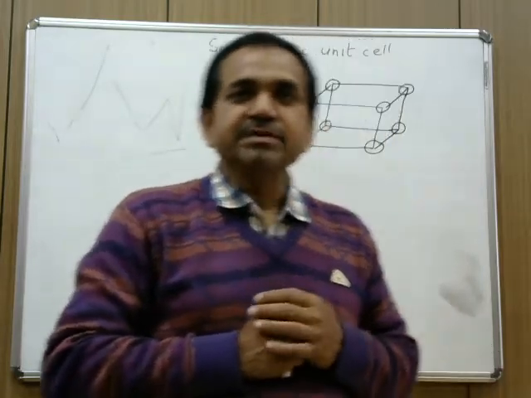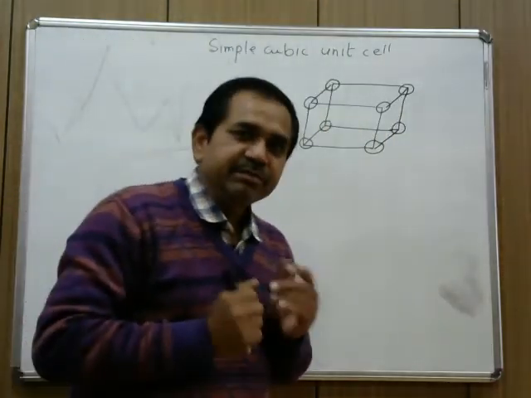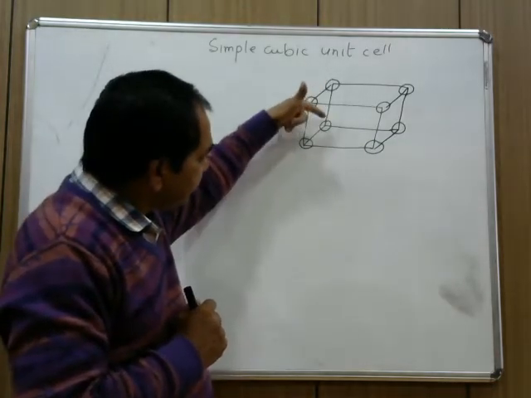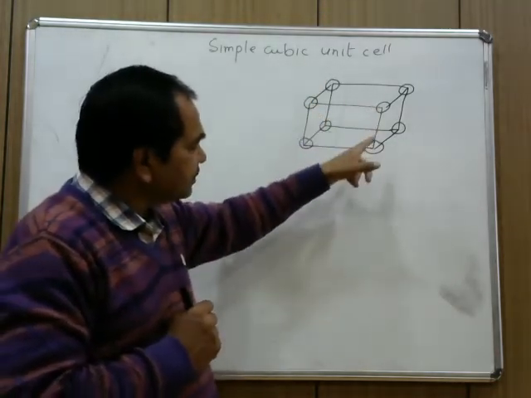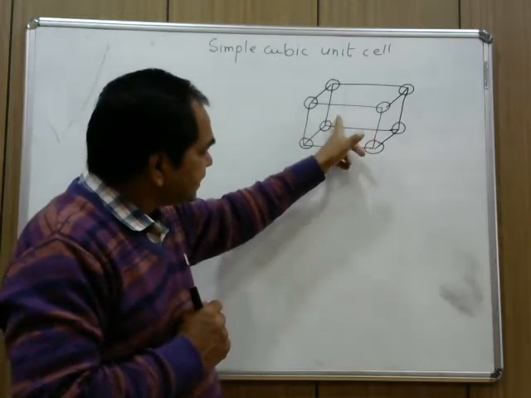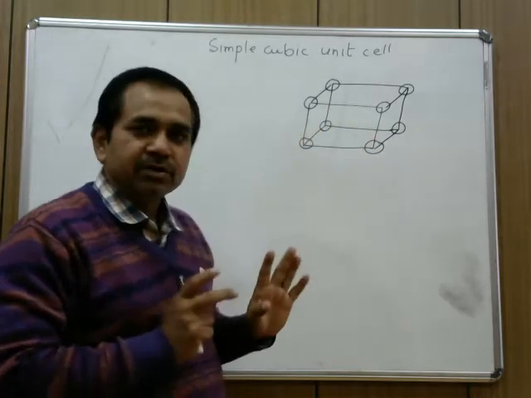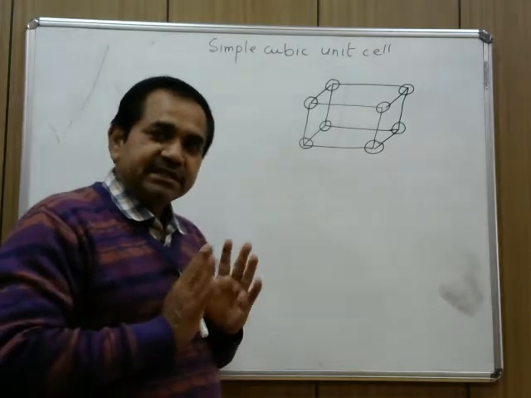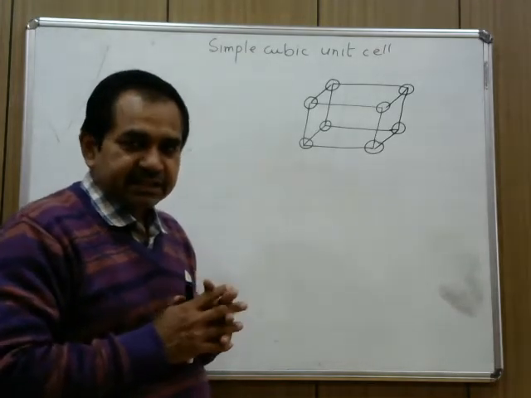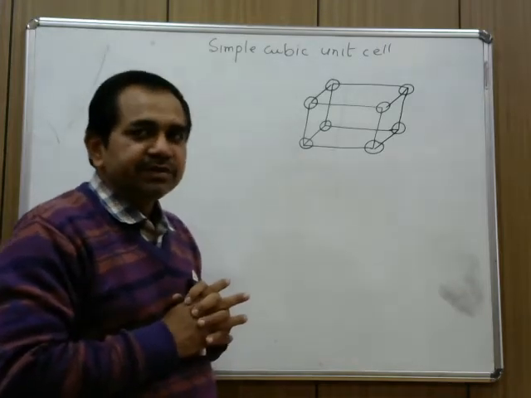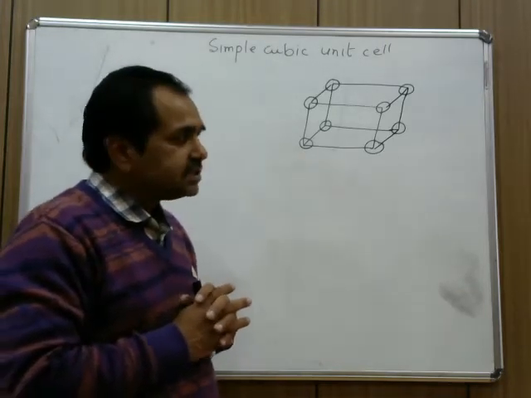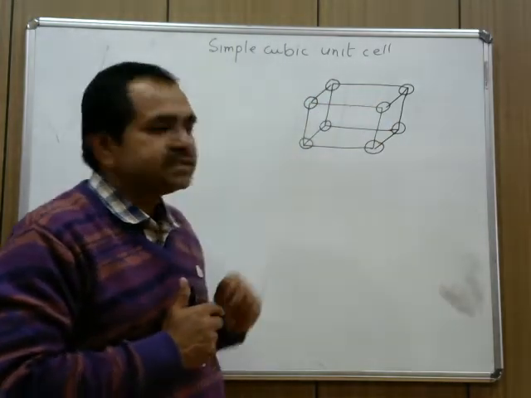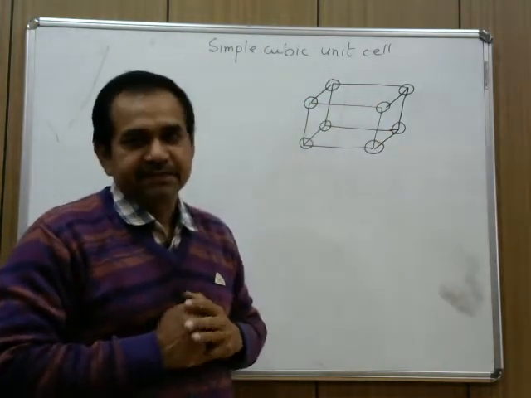When we talk of a simple cubic unit cell, we are talking about a unit cell where edge lengths a, b and c are equal, and the angles alpha, beta and gamma are also 90 degrees. And if I say simple cubic, that means constituent particles are only present at the corners of this unit cell.